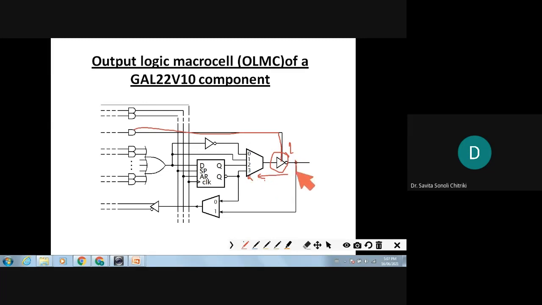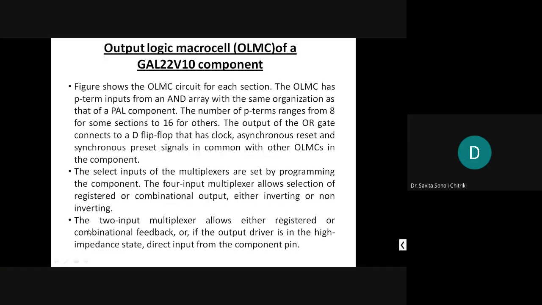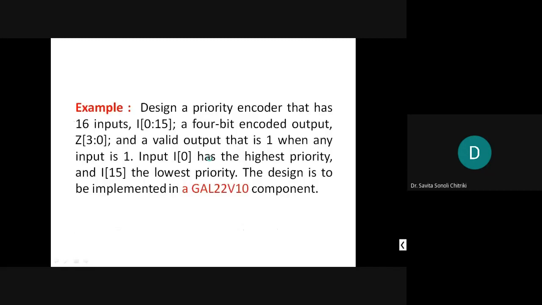In that case, it goes directly to the feedback. This line is activated. So the 2 input multiplexer allows either registered or combinational feedback, or if the output driver is in high impedance state, direct input from the component pin is given.